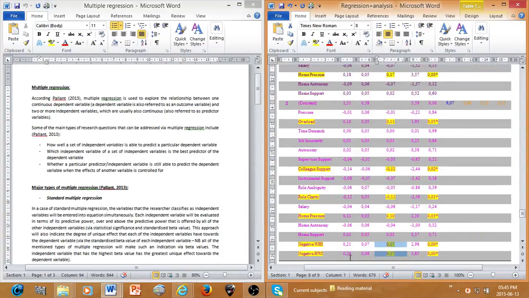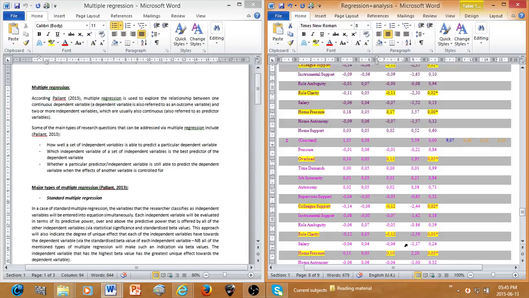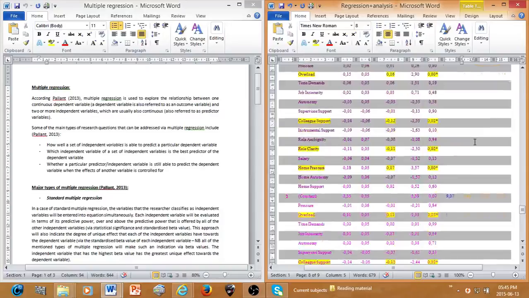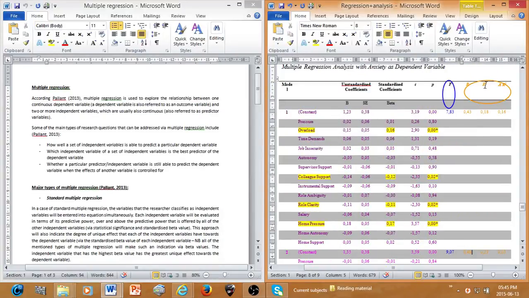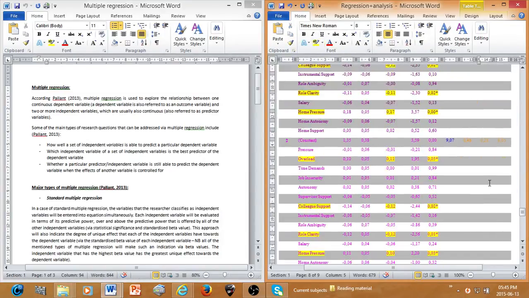So after negative work-home interaction and home-work interaction were entered into the equation, how much of the variation in anxiety can be explained by the new model? And remember, to look at that we look at the R square value. Okay, so we'll get to that now. We didn't look at it in the first model.